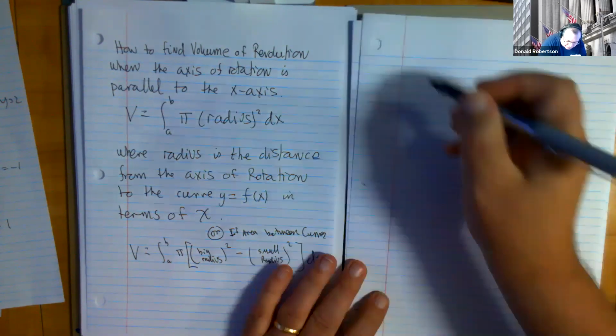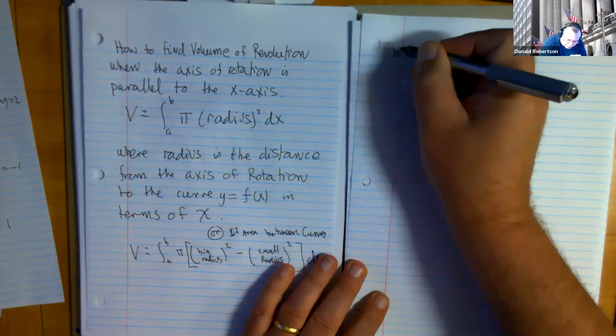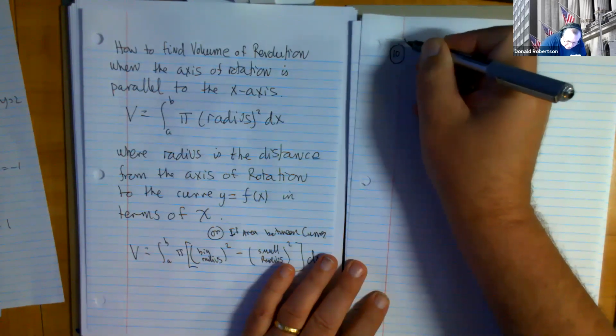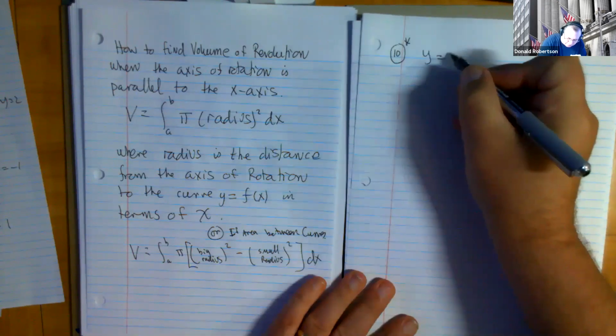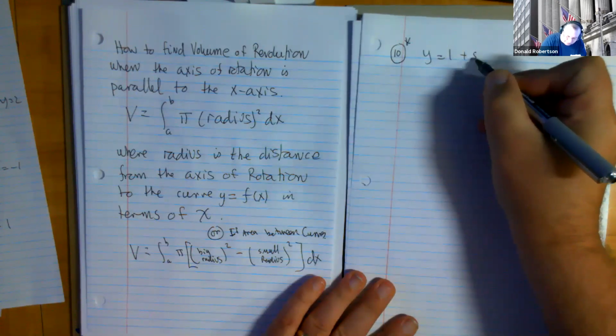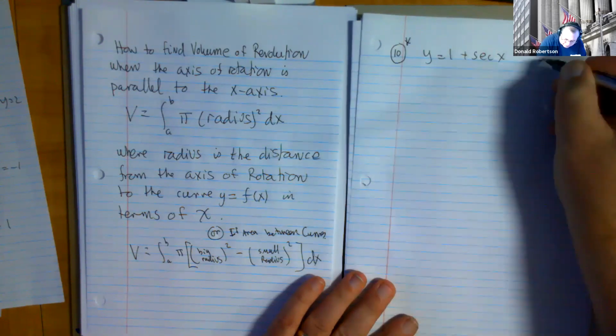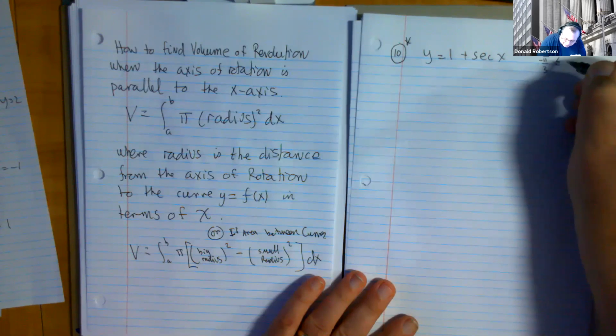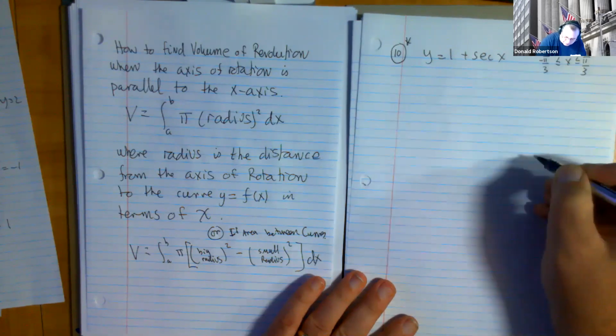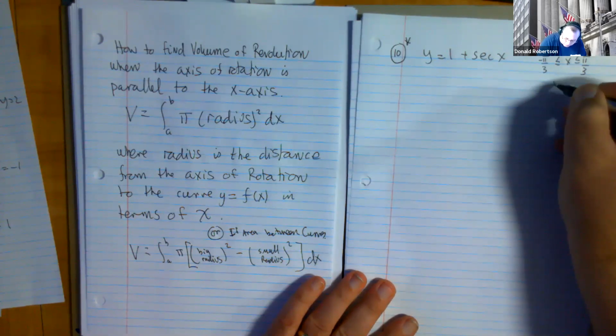Okay, this one is like question 10 from the homework. It's y equals 1 plus secant x, so that's your formula. You've been asked to do it from pi upon 3 to negative pi upon 3. Also, you're going to use the line y equals 4.